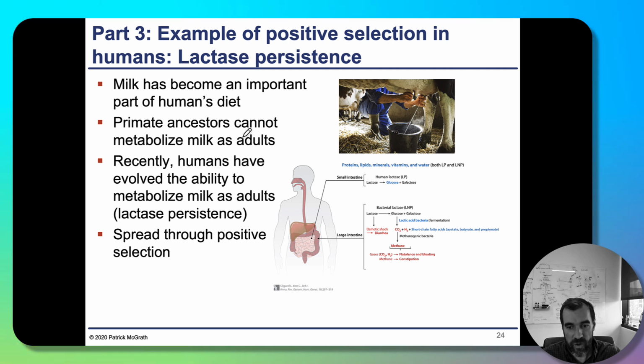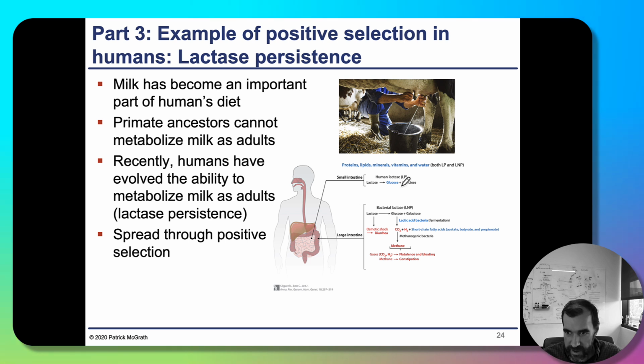Because only offspring have typically drunk milk, adult animals do not have the proper enzyme, lactase, to process that lactose sugar. Recently, humans have evolved the ability to metabolize milk as adults because there are genetic variants that change whether or not this lactase gene turns off as a function of developmental time.